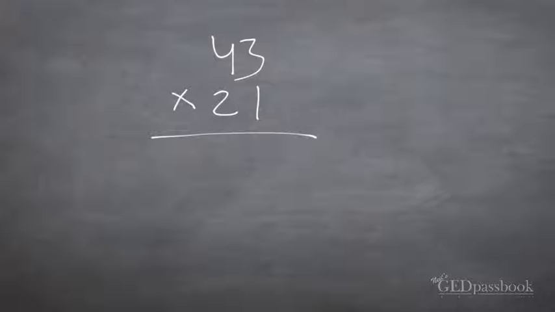1 times 3 was 3. 1 times 4 was 4. If we move on to this 2 now and try to multiply it outwards, those are arrows by the way, you mustn't forget to add that 0. And now you could multiply it out.